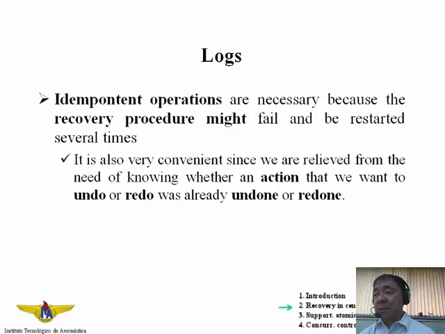Idempotency is relevant because it also relieves us from the responsibility of knowing whether a certain undo or redo action was already performed. If we apply that action several times, there is no harm. If you're not sure, you can apply it once more. So the result will be correct.